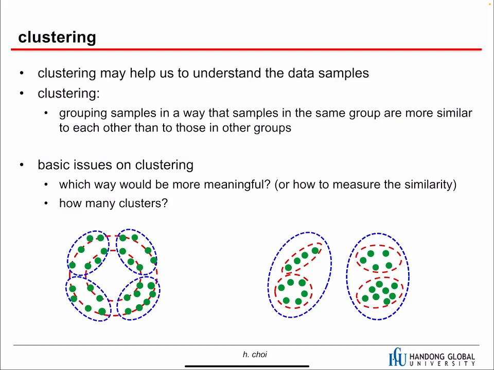For clustering, there are two basic issues. The first one: which way would be more meaningful? Think about your photos on your smartphone. There are many different ways to organize them. Some of you might prefer a temporal organization, based on years, right? Or some of you might be interested in locations, or events.